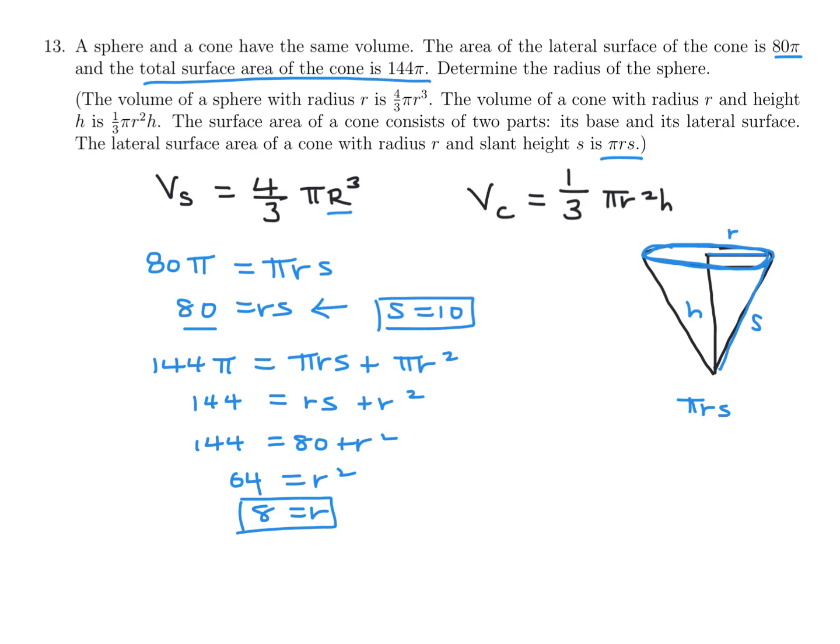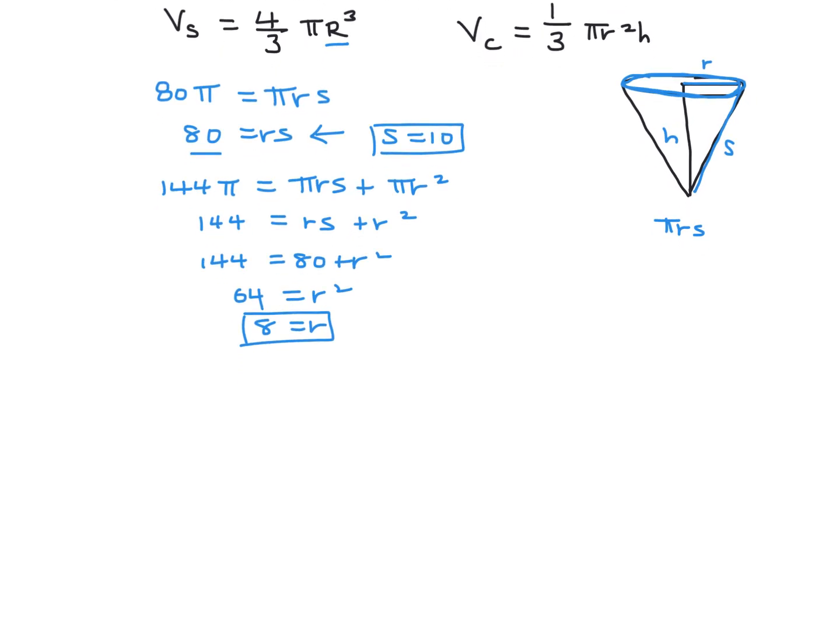Those 2 pieces of information are very helpful. With this triangle, since it's a Pythagorean relationship, it would be r squared plus h squared is s squared. And since I have my s and r, I can figure out h. So that would be 8 squared plus h squared is 10 squared. Solving this, we'll get h equal to 6, I believe.